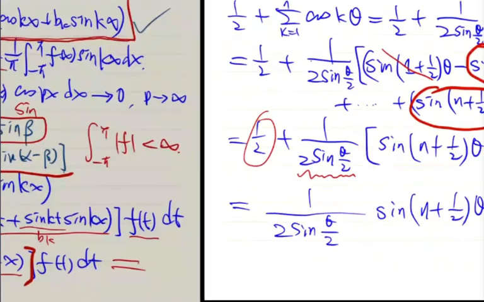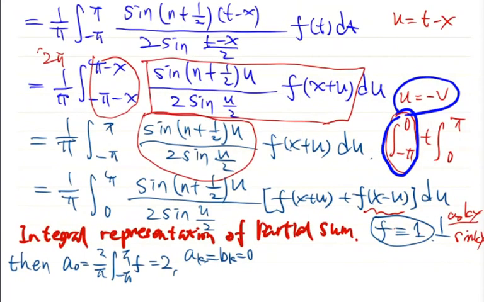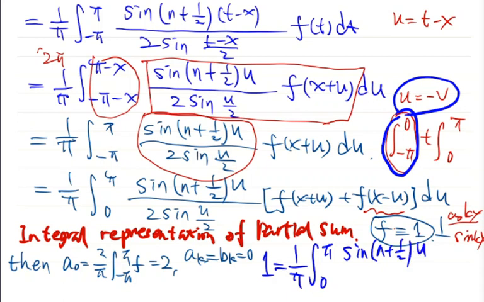So we obtained that 1 equals 1 over pi, integral from 0 to pi of sine (n plus a half) u over sine a half of u du.